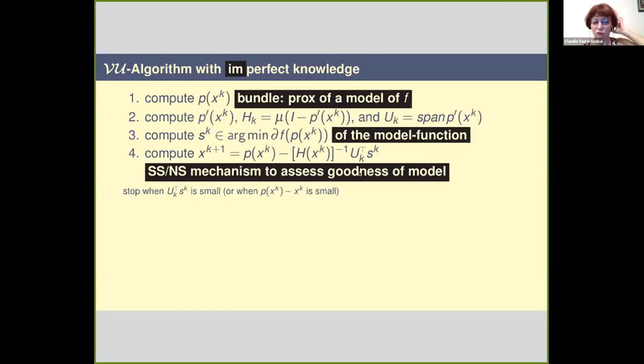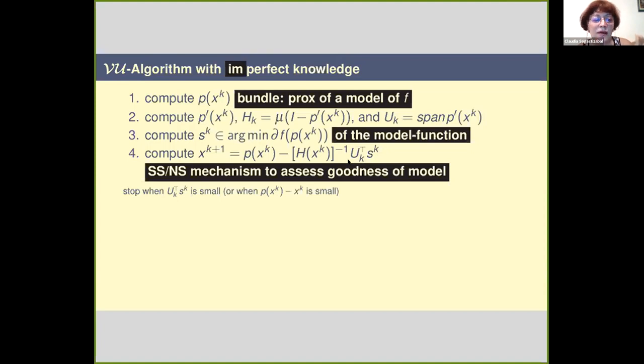I don't want to enter into more details here. Those who know what it is will understand, and those who do not know, just believe me, it is a way of deciding if the model is sufficiently good. If it is not, we need, for example, to add more linearizations before computing an element of minimal norm or doing a U-Newton move.